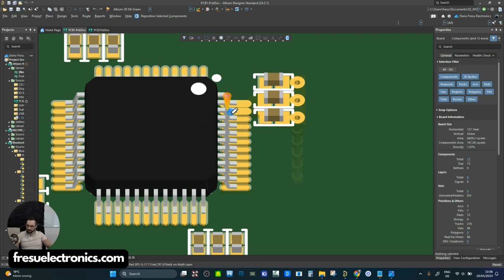Changing current means that we have an induced magnetic field. This becomes important because this magnetic field can couple to other traces, can couple to other cables, and once it is within the cables, it can start propagating and radiate.